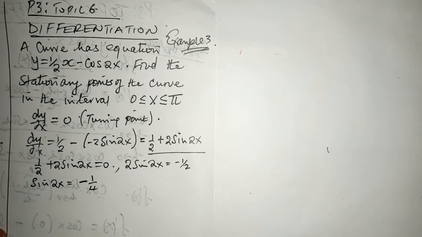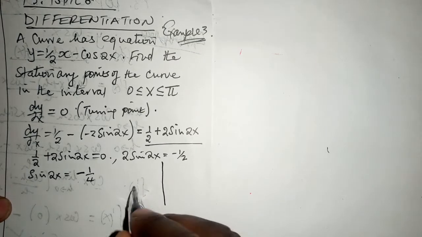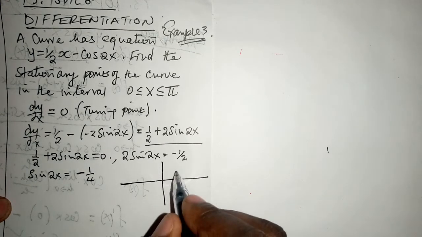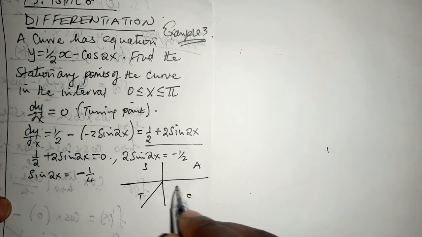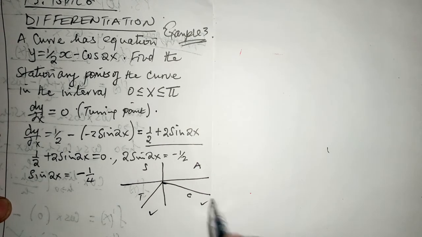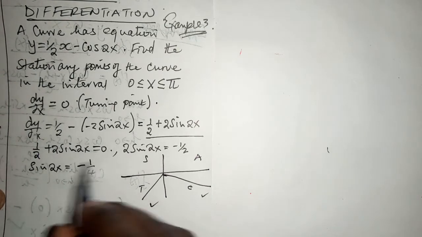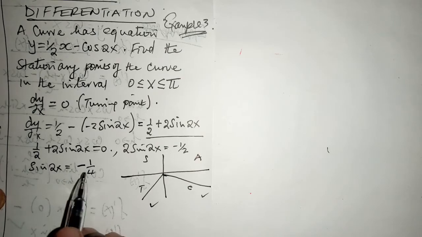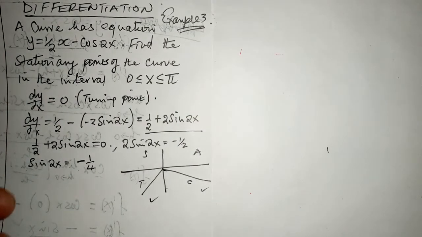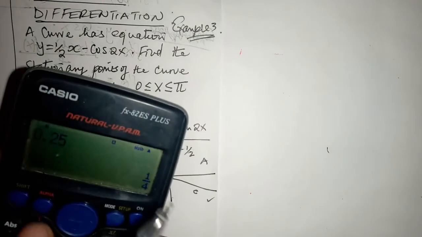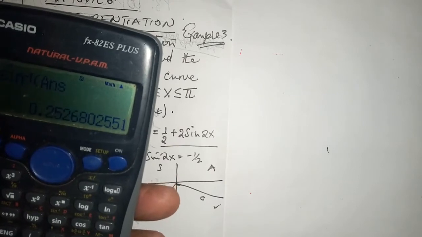Of course, we must talk about where the sine is negative. According to the CAST rule, the sine is negative in the third and fourth quadrants. So which angle has a sine of a quarter? Using shift sine of 0.25, the answer is 0.253.